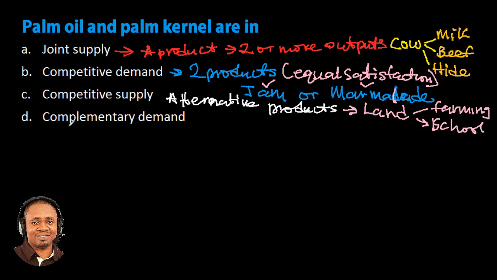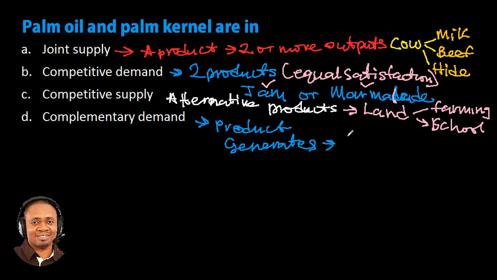Then the last option, which is complementary demand. For a complementary demand, when you demand a product, it also generates the demand for another product.